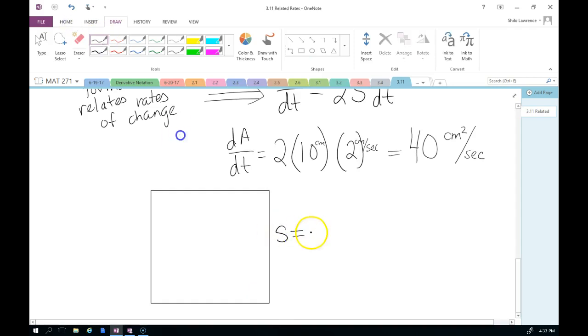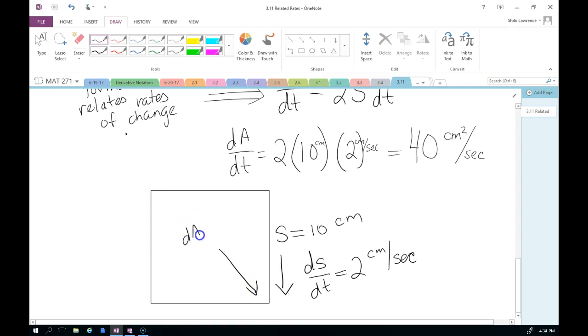So here s equals 10, and then it's also expanding. ds dt is 2 centimeters per second. It is expanding by 2 centimeters every second. We want to know how area is expanding, dA dt. And that's what we just figured out. The area is going to expand by 40 square centimeters every second in this scenario.